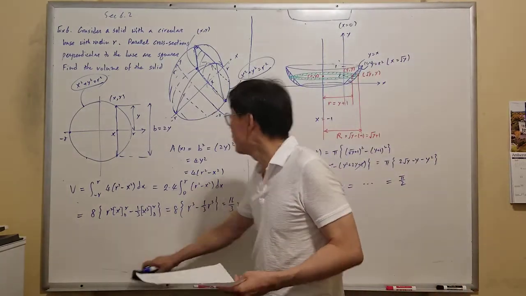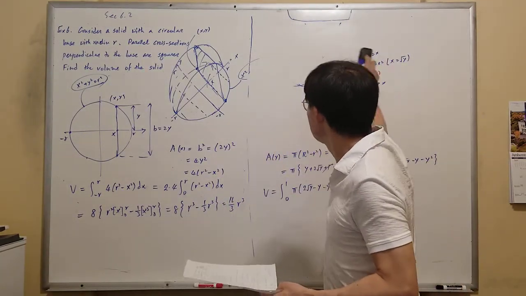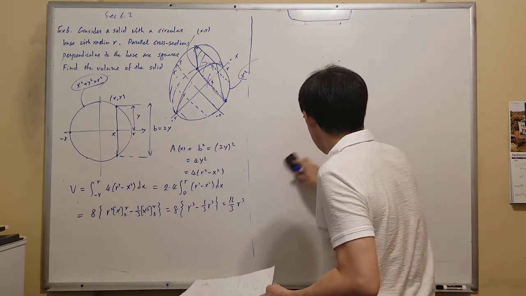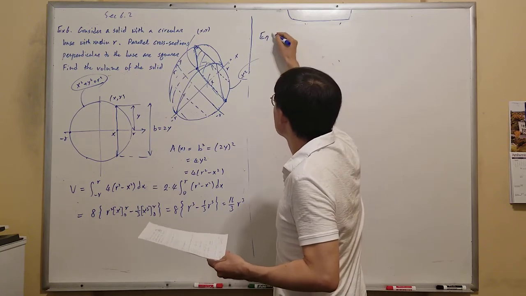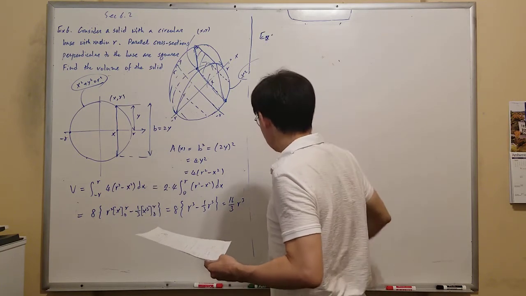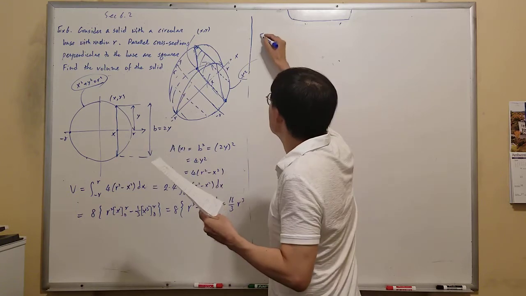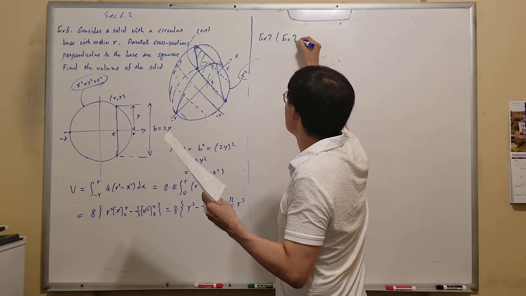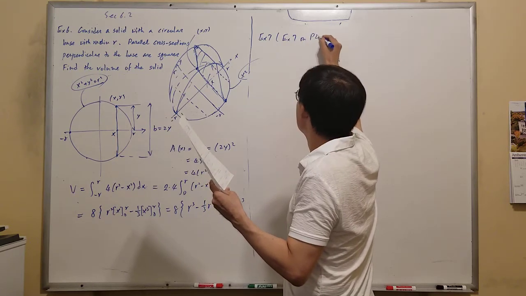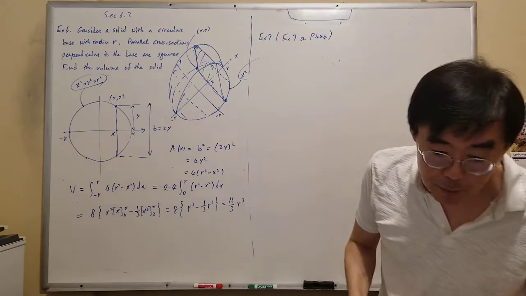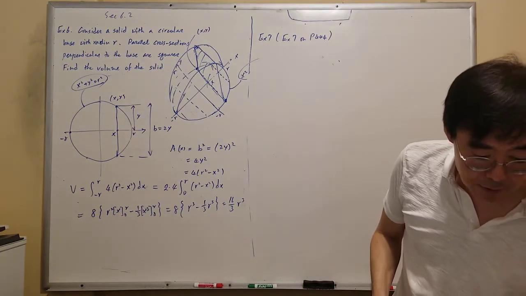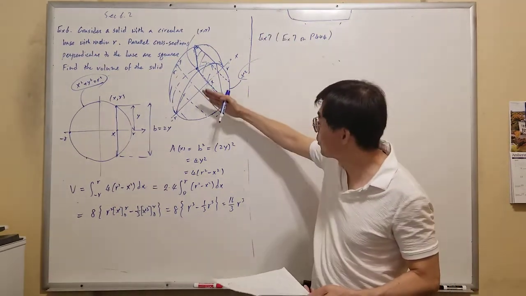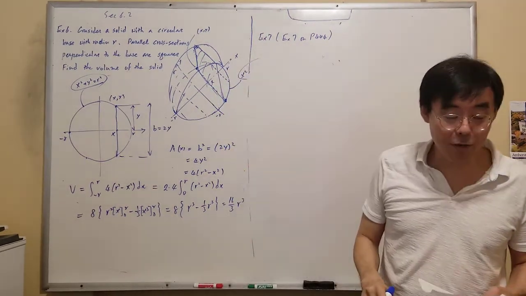Now, example 7 is actually simpler. It's easier than this. So I'm going to just leave it as reading assignment. Example 7, which is same as example 7 on your textbook, page 444 again. So this time, instead of square, your cross-sectional shape will be a triangle.